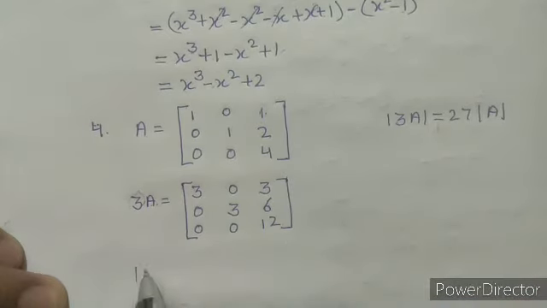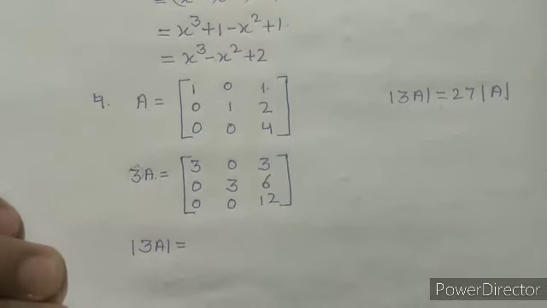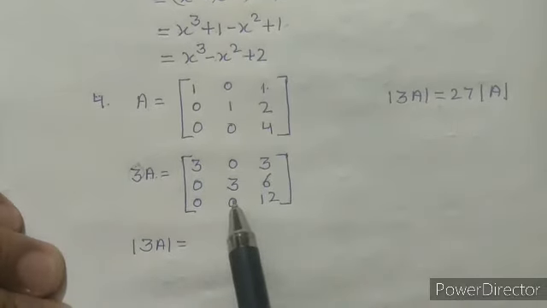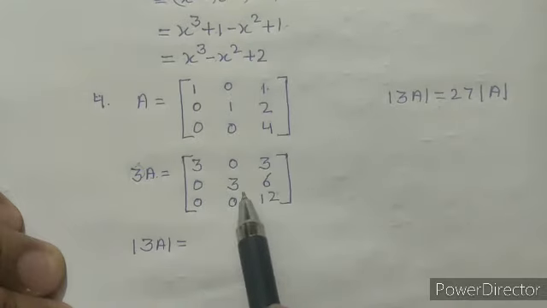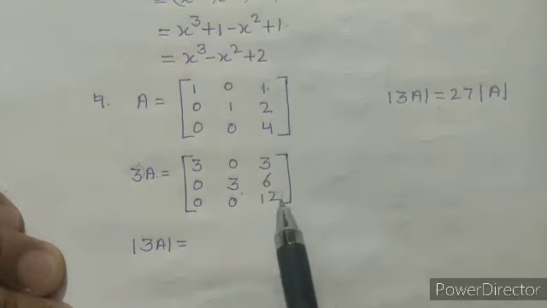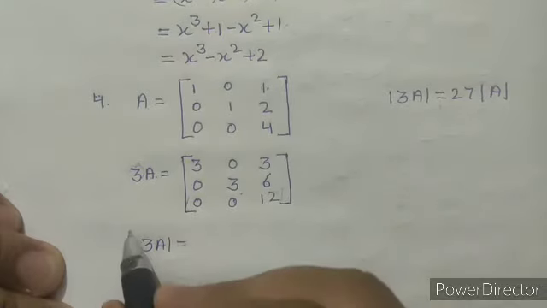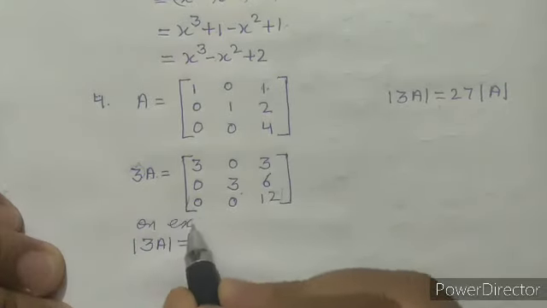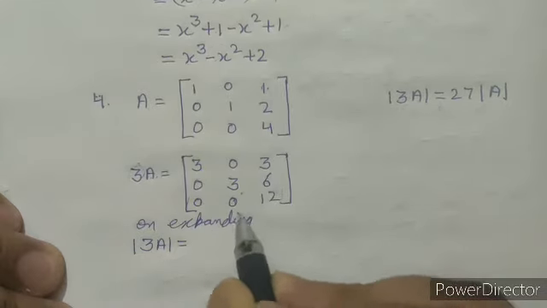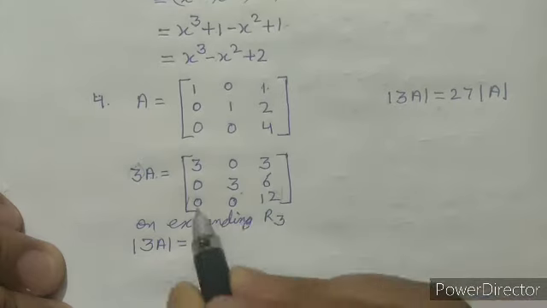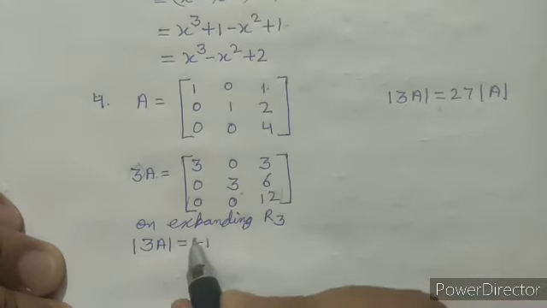Now the determinant of 3A will be equal to, now here as we see, the two elements of row 3 are equal to 0. So we can solve it by expanding row 3. Now on expanding row 3, we will get minus 1.